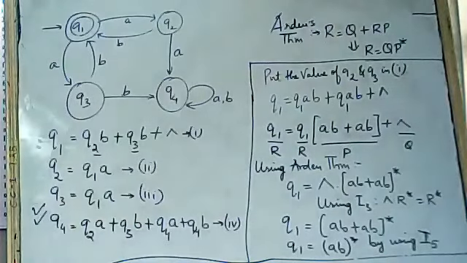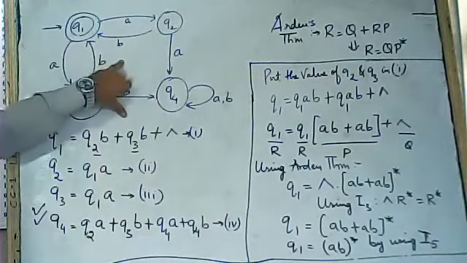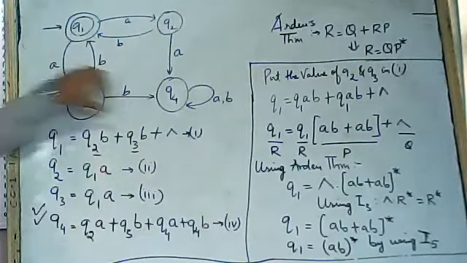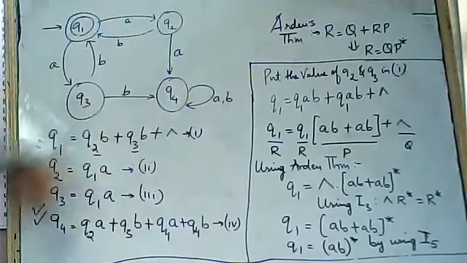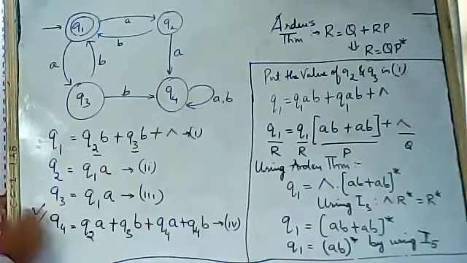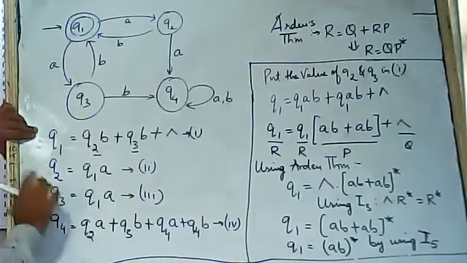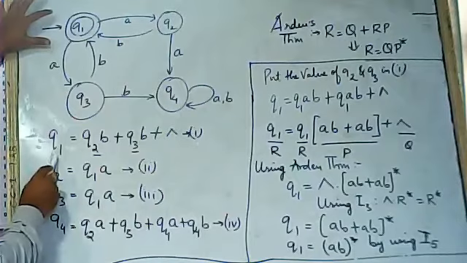So the second example is, here we have this transition system which is given to you, and 4 states are given. So first of all, you need to write 4 equations, right? For each state you have to write an equation. So for Q1 you have to check the incoming arrows.